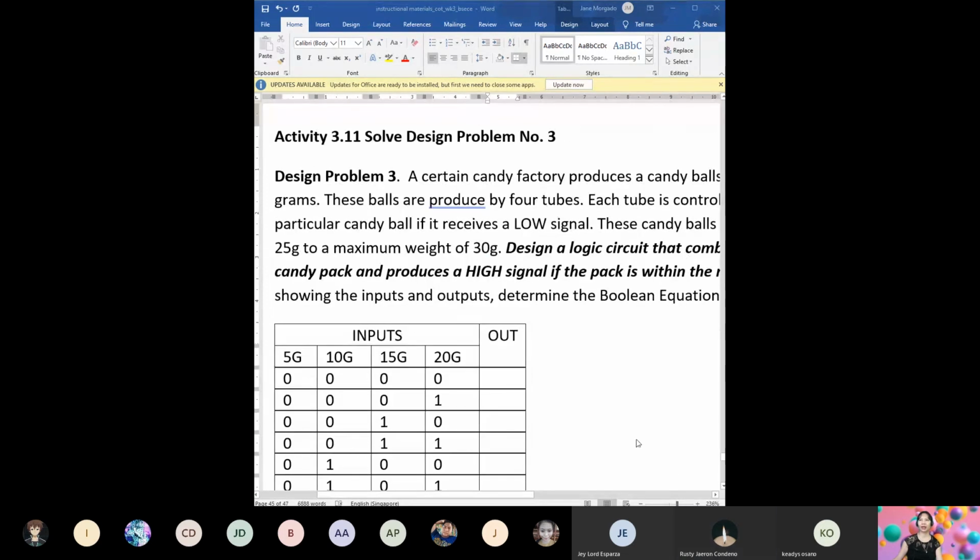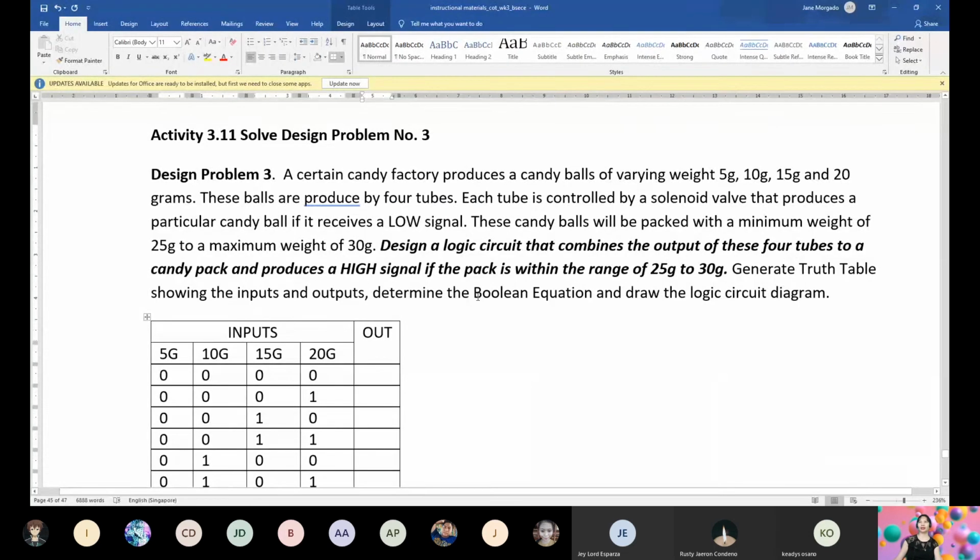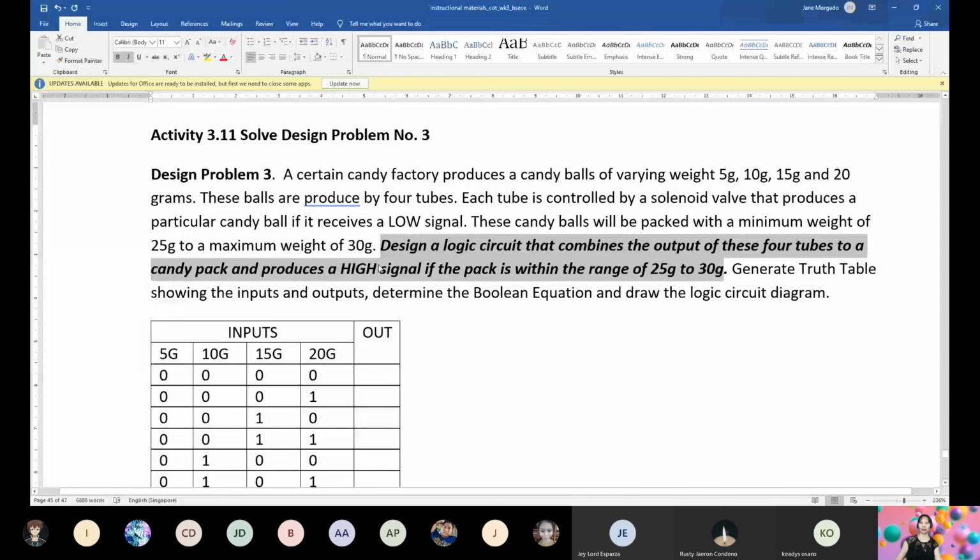So, it says here: design a logic circuit that combines the output of these four tubes to a candy pack, and produces a high signal if the pack is within the range of 25 to 30 grams. So what's our output? If the range is within 25 to 30 grams, the output is 1.